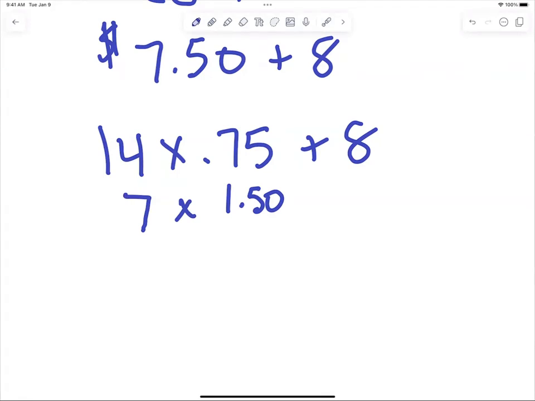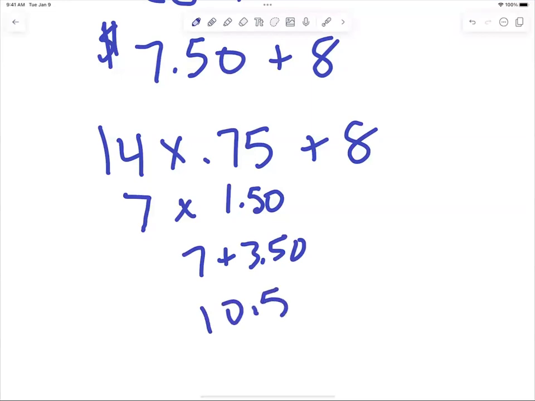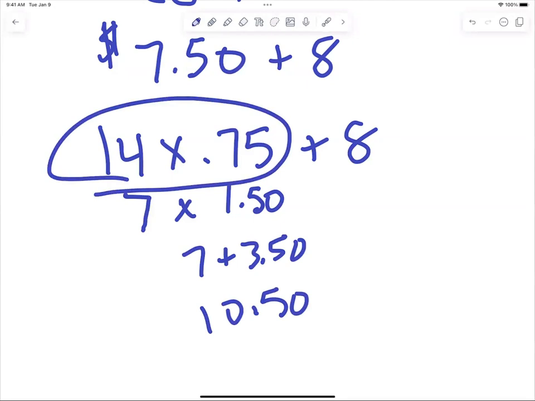Now let's see if I can do the mental math. What's 7 times 1? What's half of $7? $3.50. So what's 7 plus $3.50? $10.50. Guess what, 14 times 75 is. There you go, kiddos. That's how I move numbers around so I can do my mental math.